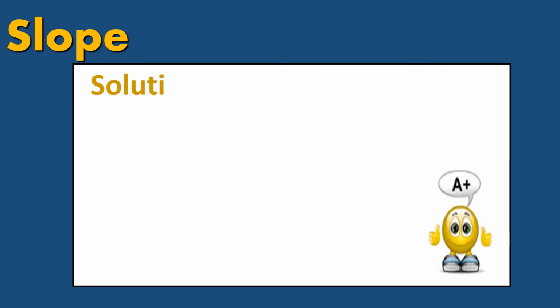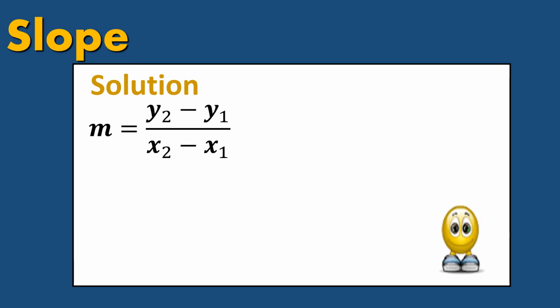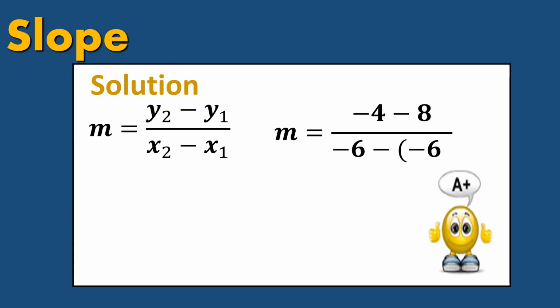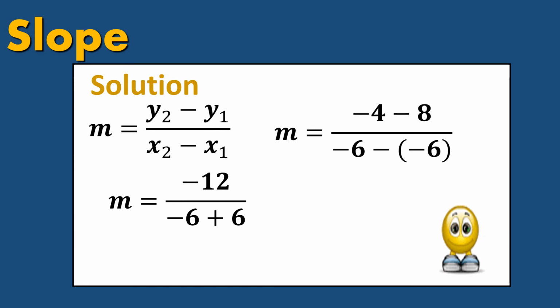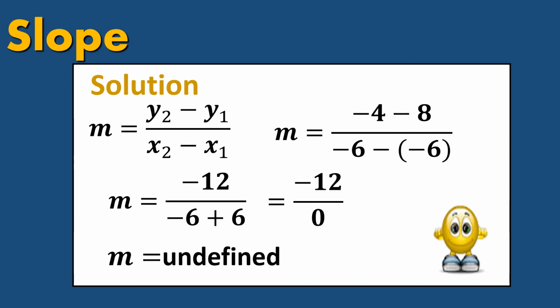So here's the solution to the given. Again, we substitute in the slope formula. Thus, we arrive with negative 4 minus 8 all over negative 6 minus negative 6, which is equal now to negative 12 all over negative 6 plus 6. To simplify it further, we will get negative 12 all over 0, and the answer will be undefined.